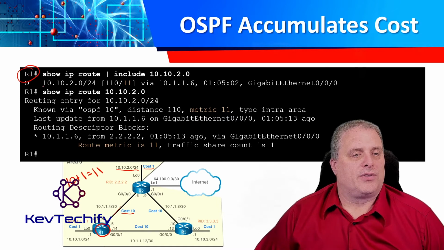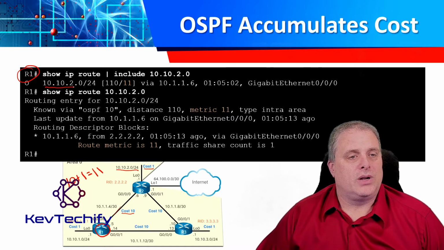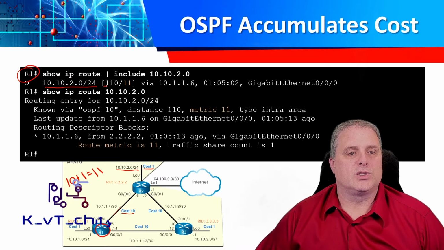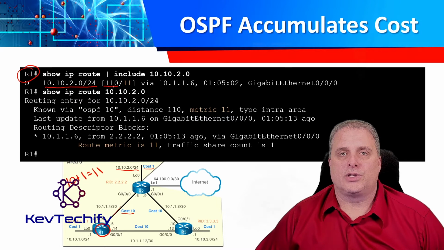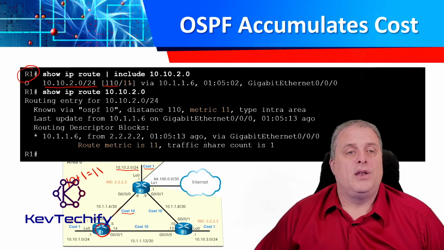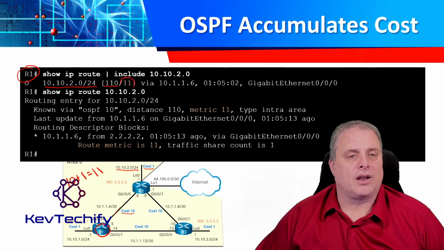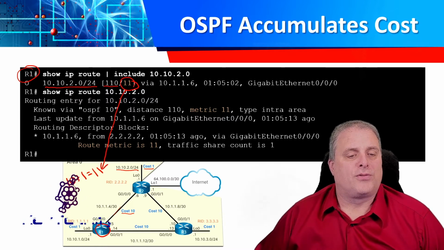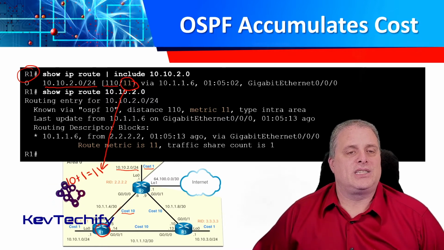In our show IP route statement, we see that for network 10.10.2.0 with a /24, the administrative distance of trustworthiness is 110. That's the value assigned for OSPF. But notice our cost right here. Our metric is 11. That 11 comes from the cumulative cost of our networks to get from our device to the destination network.